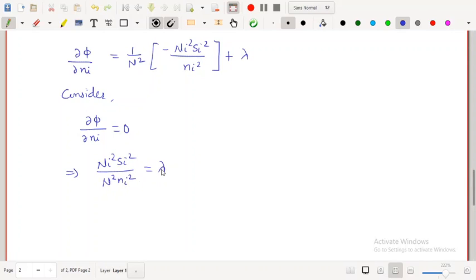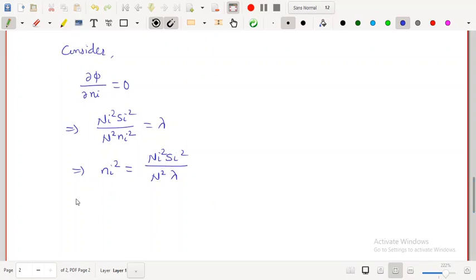Now send this ni square to this side and lambda here, so ni square will be Ni square Si square upon N square lambda. Taking root, ni will be Ni Si upon N into root lambda.